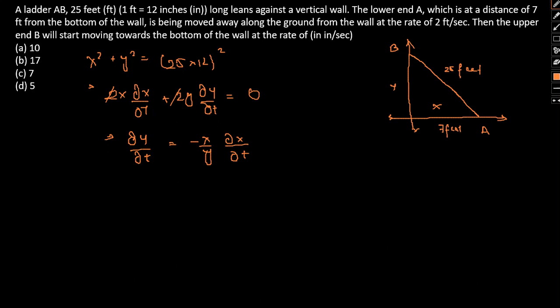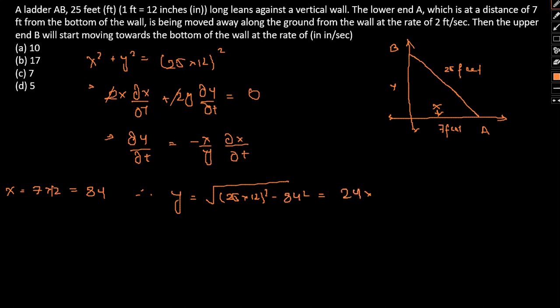Now we know that x is 7, so x can be written as 7 into 12 inches, that is say 84 inches. So therefore y can be given as the square root of 25 into 12 square minus 84 square, that is 24 into 7.